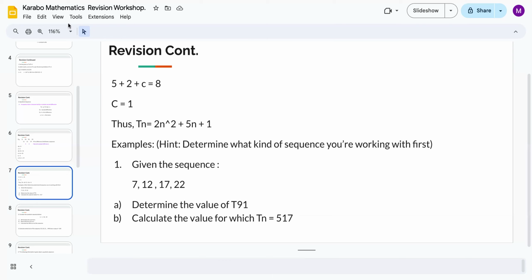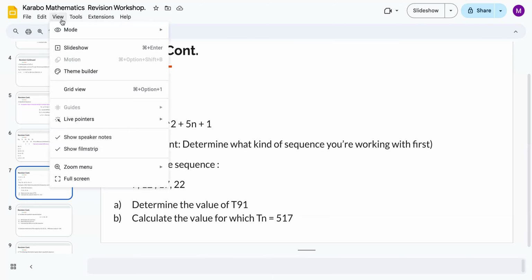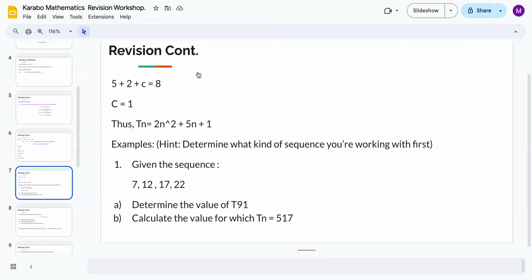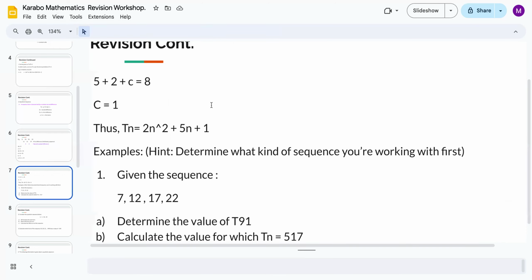Let me just put the file in viewing mode so you can see it better. Okay, it is in viewing. Let's see if I can make this better.